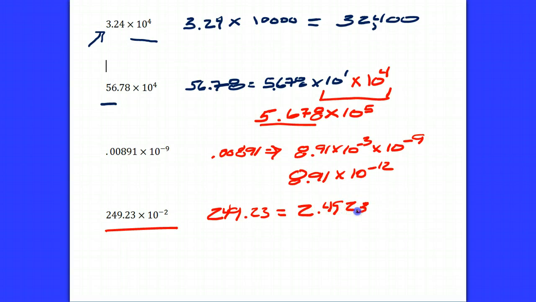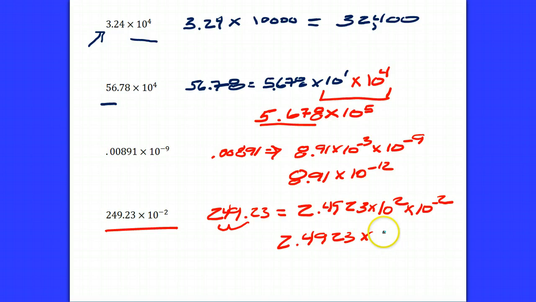2.4923 times 10 to the 1, 2. We move the decimal 1, 2 over between the 2 and the 4. Then we bring the times 10 to the negative 2 over. 2 plus a negative 2 is actually 0. 2.4923 times 10 to the 0.